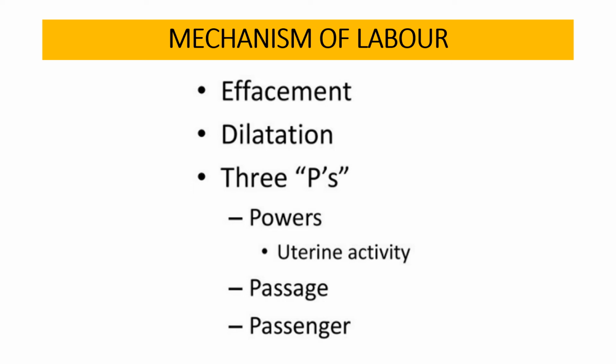All three of these P's must work in synchronicity to expel the passenger out of the womb. In the process of the movement of the passenger, there is gradual effacement and dilatation of the cervix. Okay, this you will see in the video which I will be sharing.